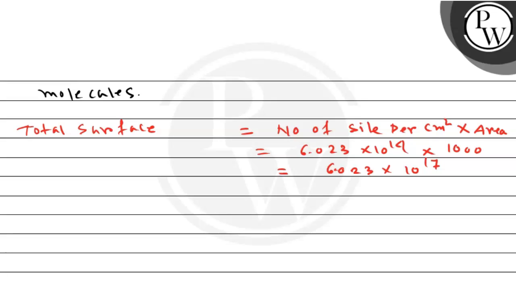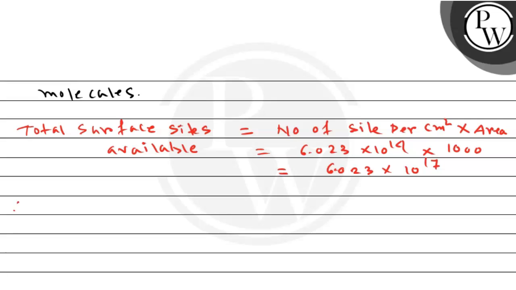Now, in the first line of the question, it is given that nitrogen occupies 20% of the total surface sites. So this is the total, 6.023 × 10^17, whose 20% is occupied by the nitrogen.